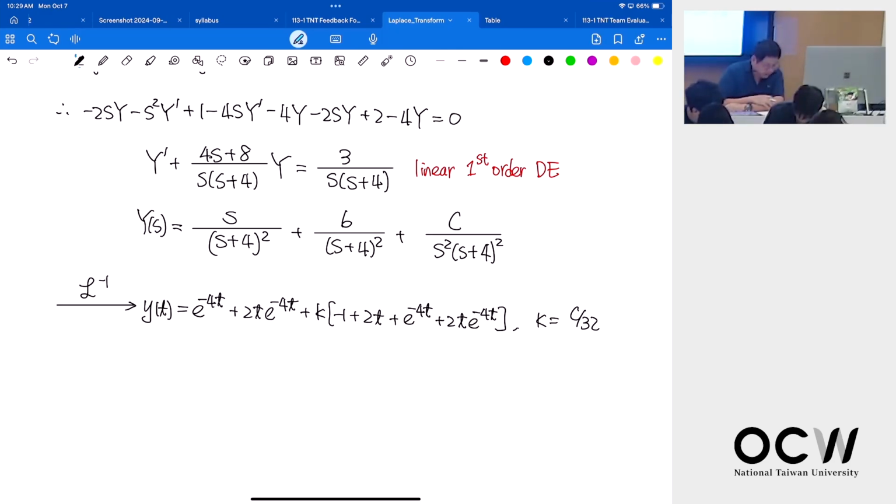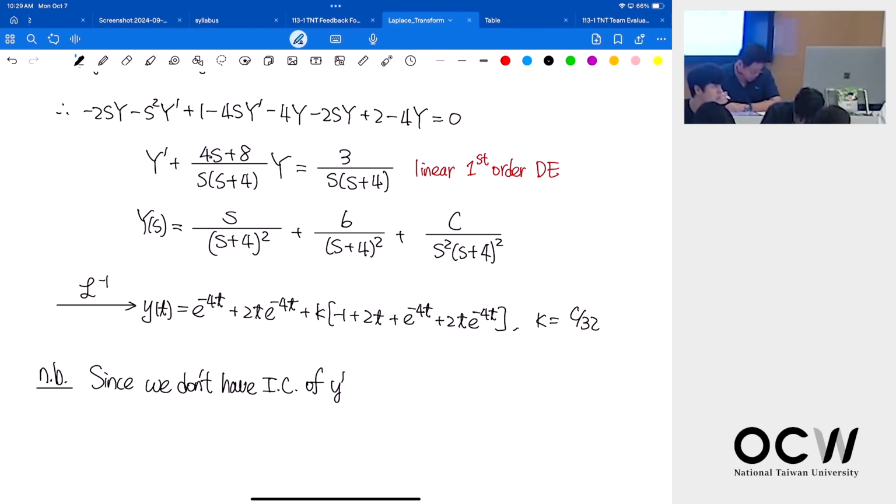Okay. And here's a note. You see that in our solution I still have a constant k because we don't have the initial condition of y prime. So we don't have a unique solution.